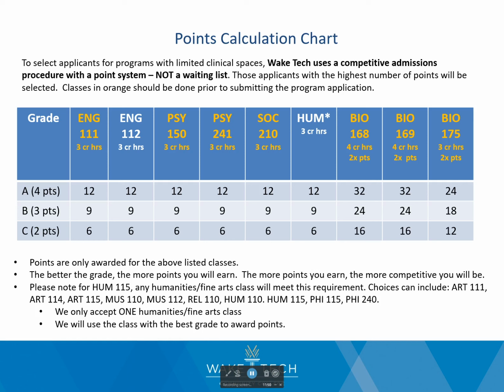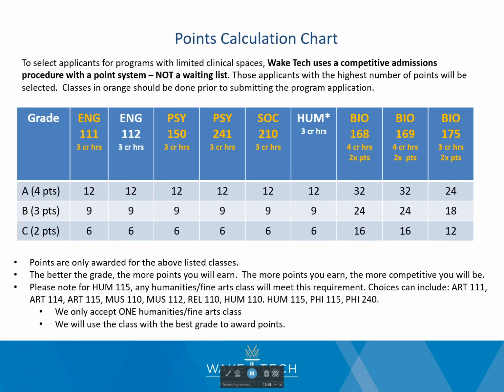You have Sociology 210, which is your introduction to sociology. The Humanities Fine Arts elective, that is an elective. So it can be an art, music, drama, philosophy, religion, literature course. Any of those will be fine as long as it is a 3 credit hour course. You only need 1 humanities.